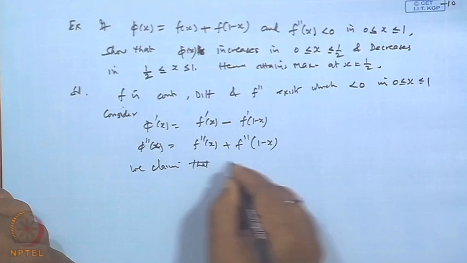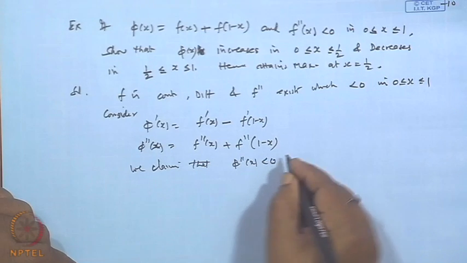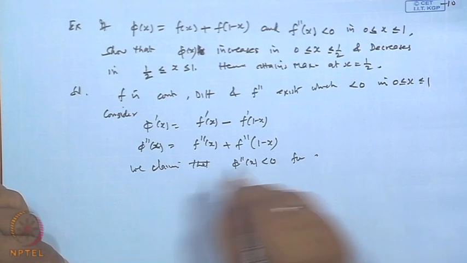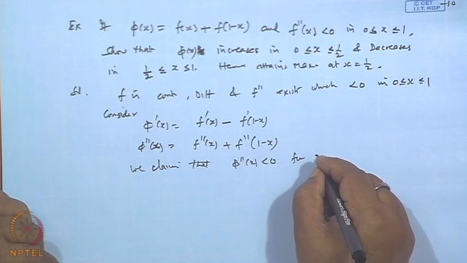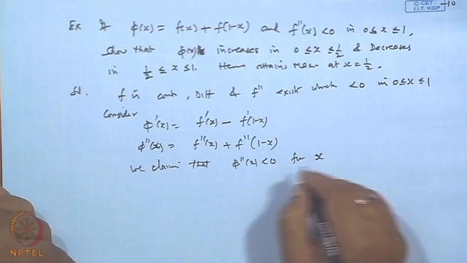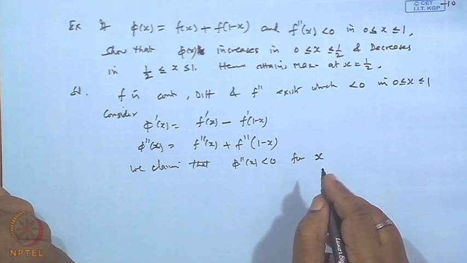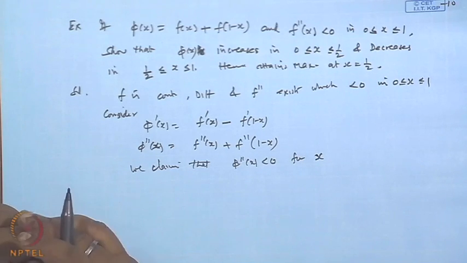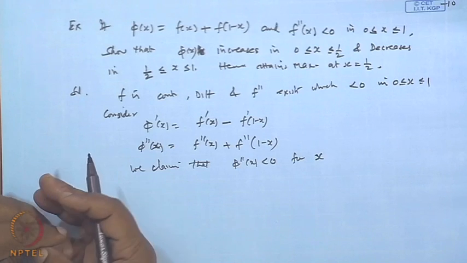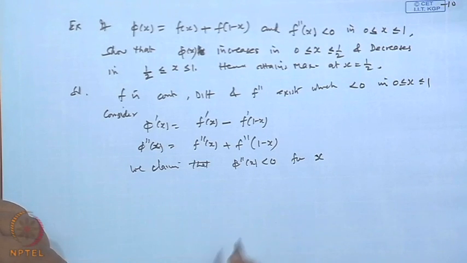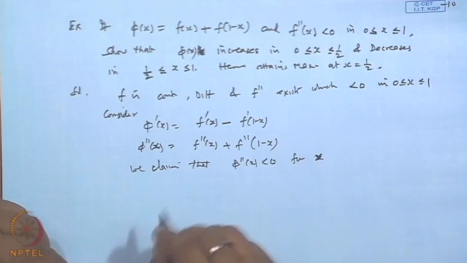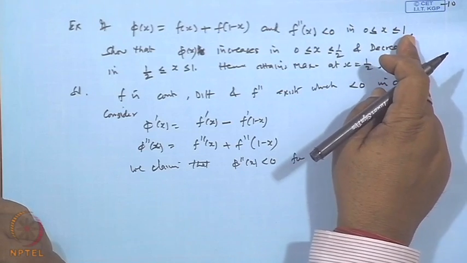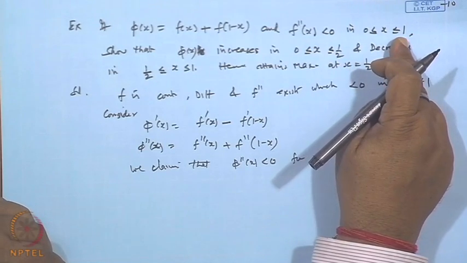Now, from here we claim that phi double dash x is negative. Why is it negative? For x belonging to the interval, f double dash x is negative when x varies from 0 to 1.